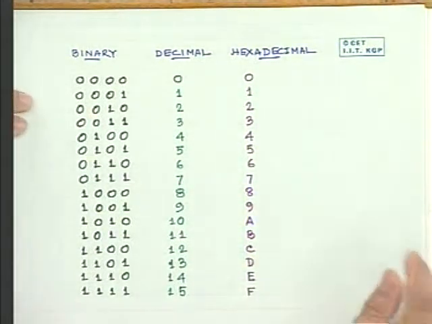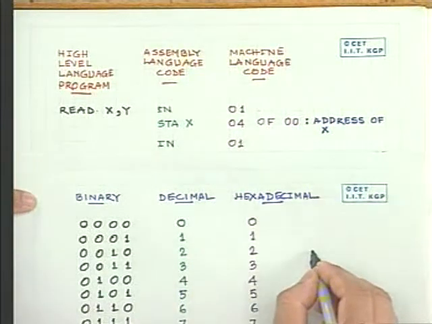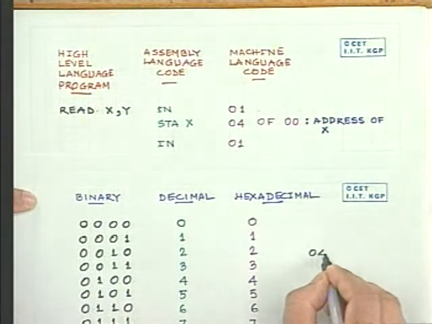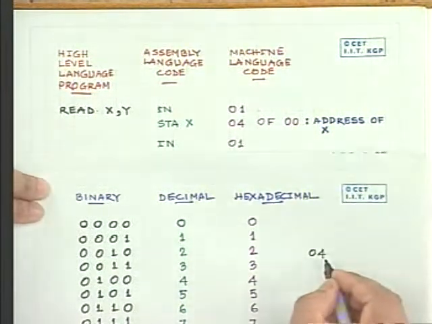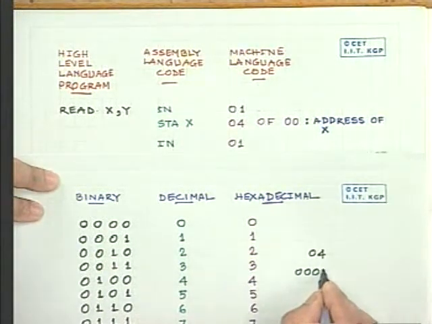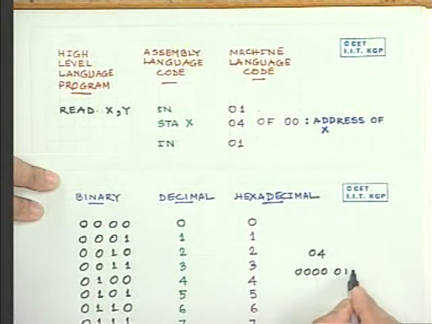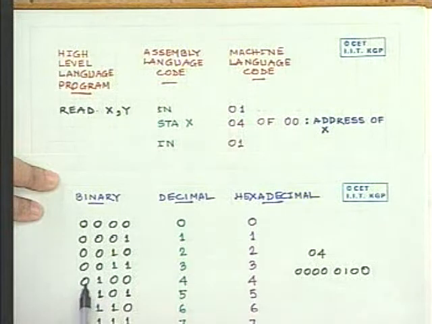For example, if we have a hexadecimal figure 04, essentially what I mean is this 0 is 0000, and this 4 is 0100. You see, this is 4.